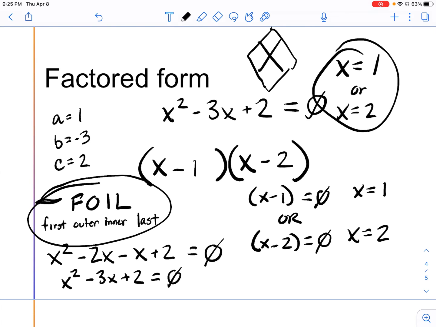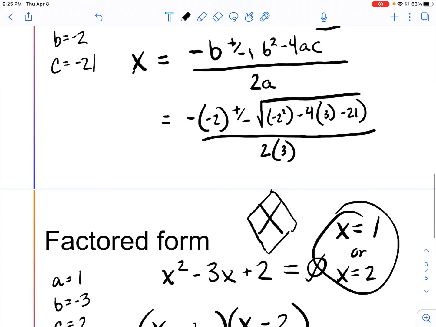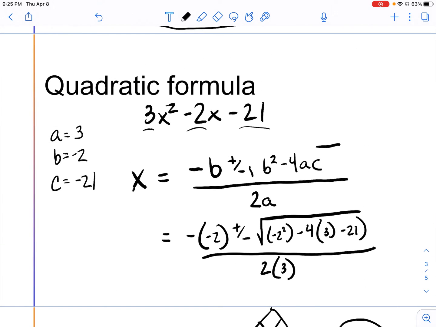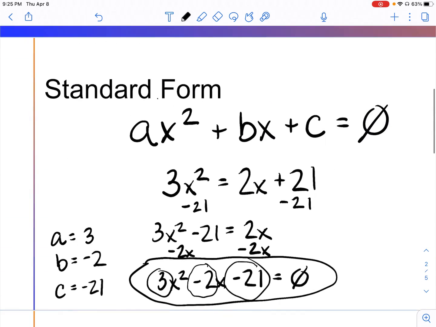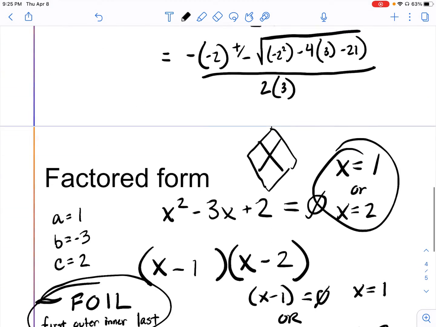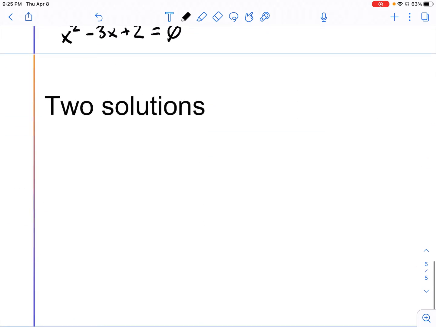So FOIL, the little kite drawing, the quadratic formula: negative b plus or minus the radical of b squared minus 4ac, over 2a. That's important, standard form. And so what we remind ourselves with is we always get two solutions. When we have a simple binomial, those two solutions are going to be plus or minus some value.